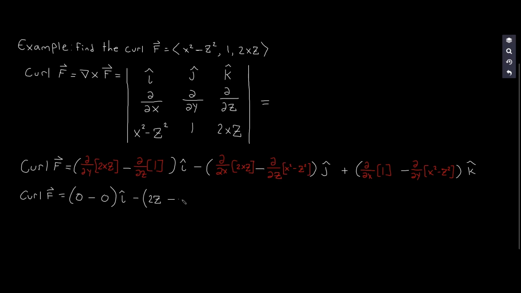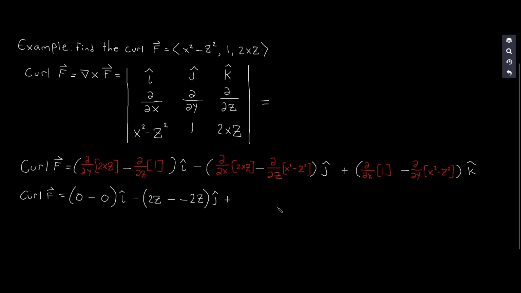And then from this, we will subtract what we get when we take the partial derivative of x squared minus z squared with respect to z. Well, x squared gets treated as a constant, so it goes to 0. So we're going to have 0 minus what we get when we take the derivative of z squared, which is going to be 2z. So 0 minus 2z equals negative 2z. And that will be our j hat.